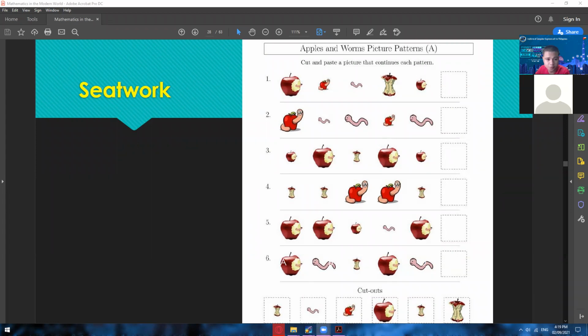So most of you have an answer of C in one. What about number two? So it's like 2 is B. Okay. What about number three?